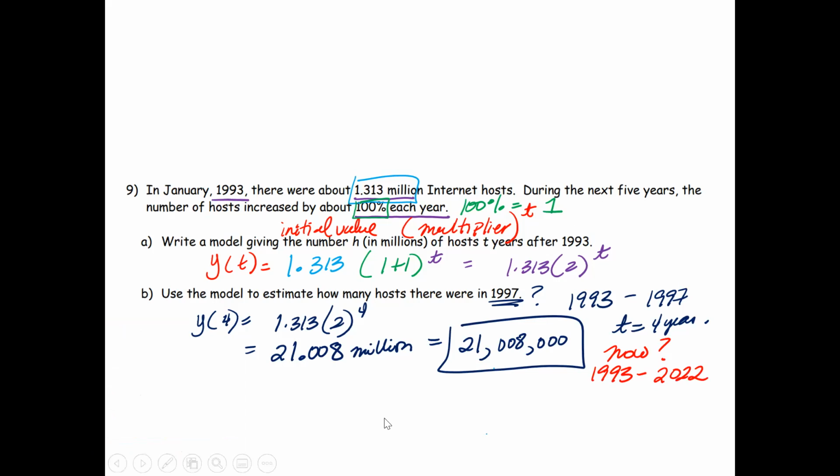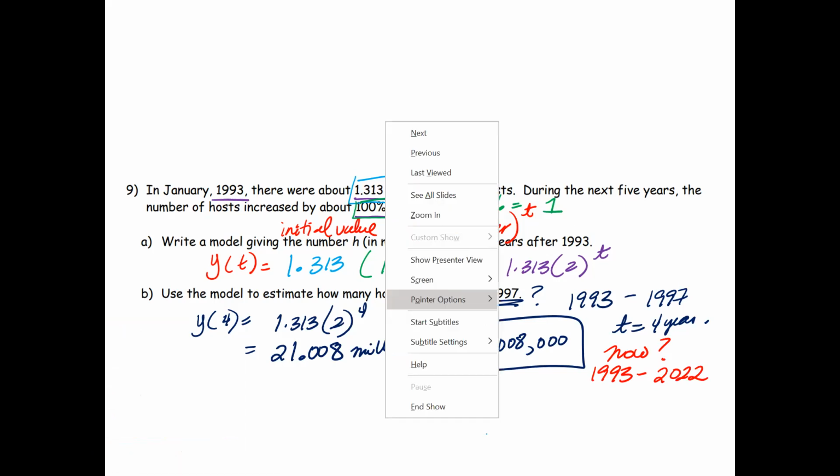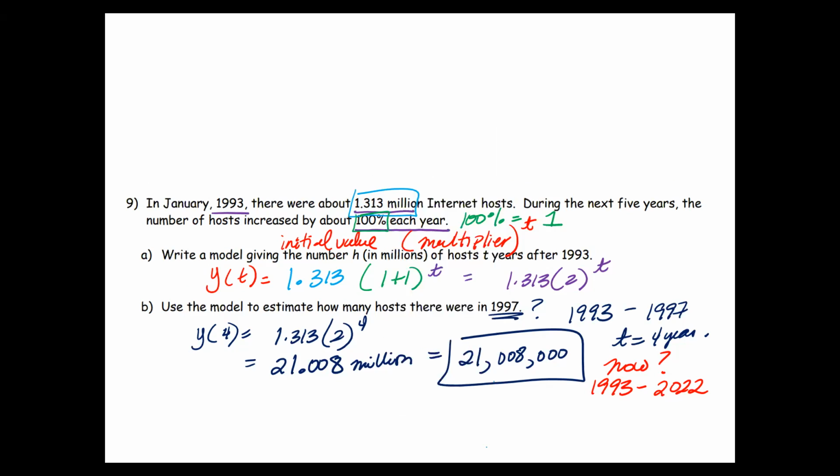29, that sounds good. So then I just go back to my equation. If you don't want to do all of them over, that's fine. So just do 2 to the 29 power. That's your multiplier, which is absolutely crazy. Times it by 1.313.